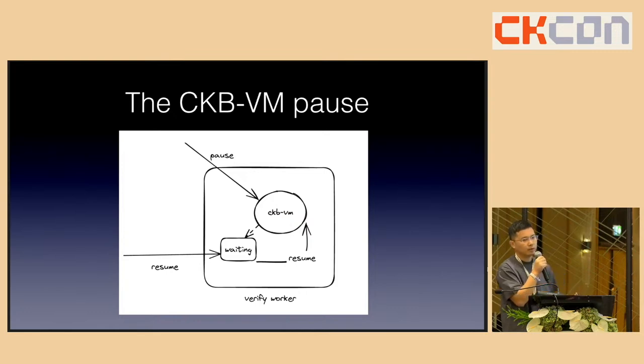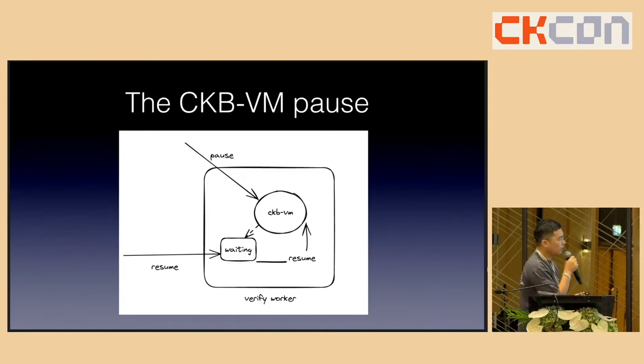It is signal based. So when the pause signal is received, the verify worker will set a pause flag for the CKB VM. So CKB VM will stop consuming CPU resources. So the verify worker can transfer to the waiting status. So we are waiting for the resume signal.